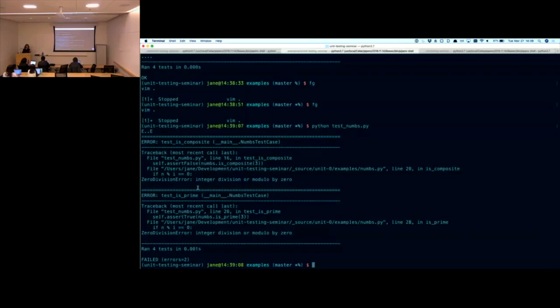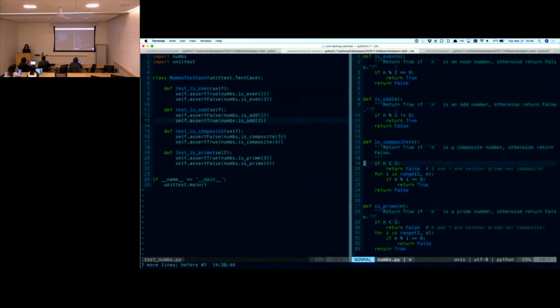We can see the test method that failed, and we can also see the exception that was raised, the non-assertion error exception that was raised while trying to run this test. What we're getting is a ZeroDivisionError, integer division or modulo by 0, which makes sense, we can't divide anything by 0. And so I have some code to fix.